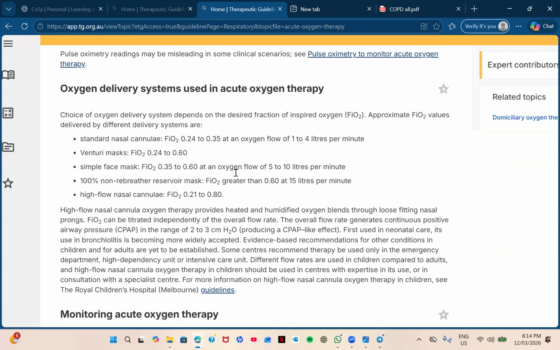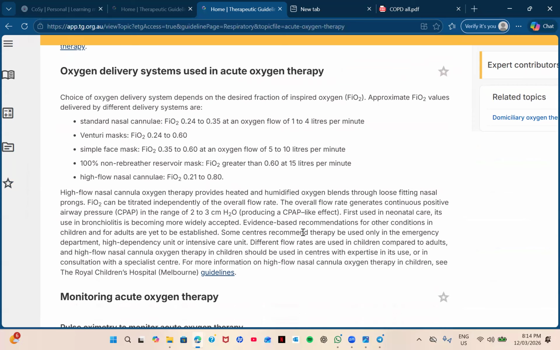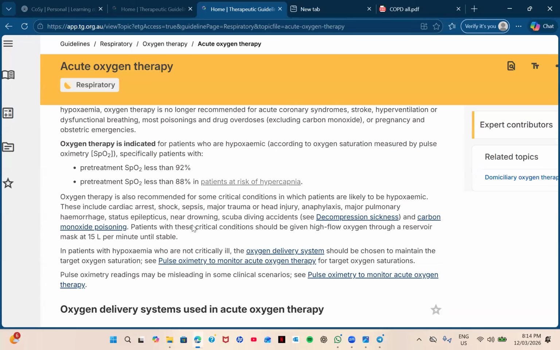So what are the oxygen delivery systems that we are using? Standard nasal cannula, Venturi mask, simple face mask, 100% non-rebreather mask, and high flow nasal cannula. High flow nasal cannula oxygen therapy provides heated and humidified oxygen.